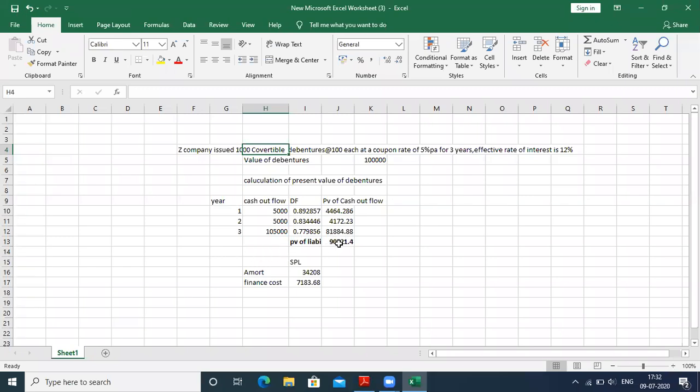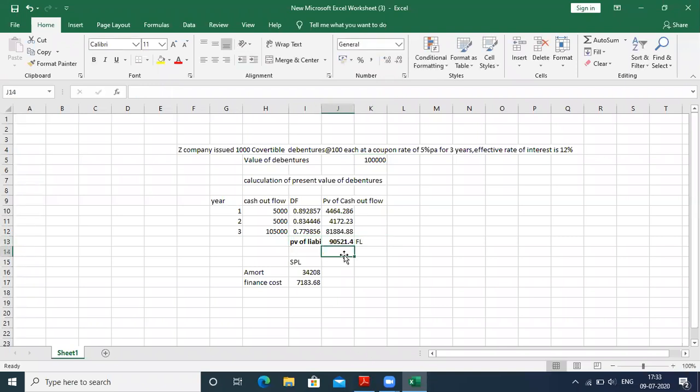The present value of the liability is 90,521. The company issued it for 3 years, and the total proceeds is 1 lakh. But when they calculated the present value, it is only 90,521. So this 90,521 should be shown as a finance liability.